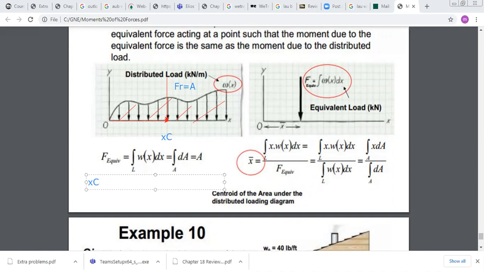X of the centroid times total A is equal to integral of x dA. Integral of x dA. Okay?